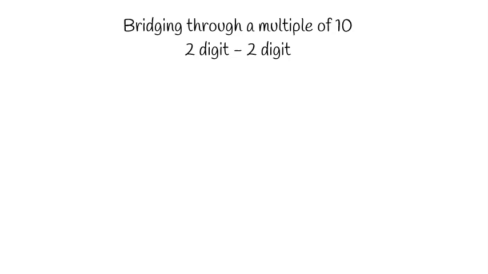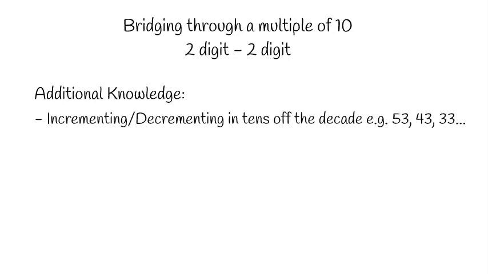But interestingly, although this pupil has already demonstrated this knowledge, such as incrementing and decrementing in tens off the decade, they are not yet applying this knowledge effectively to addition and subtraction problems, and so perhaps don't see how it relates or why it would be important. Through the use of the teaching model, questioning, and discussion, the pupil can make these links.